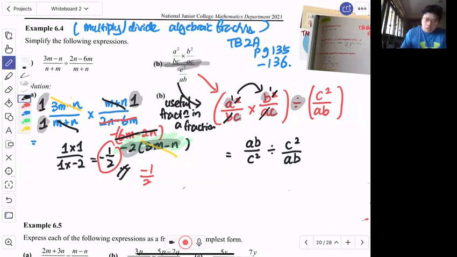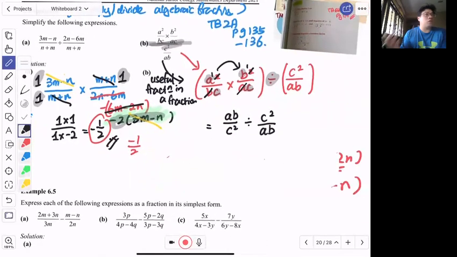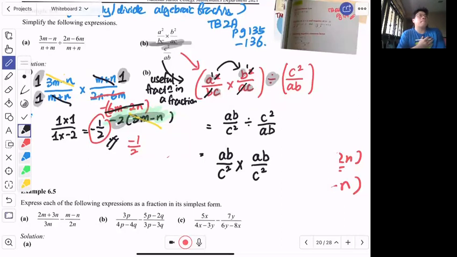So from here, again, we know that for division, we can easily change it to a multiplication. I can change it to AB over C square multiplied by AB over C square as well. Okay?